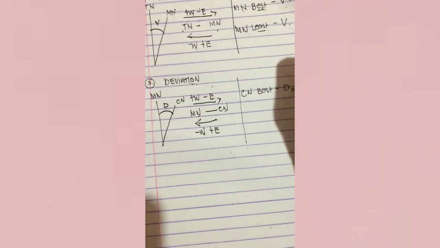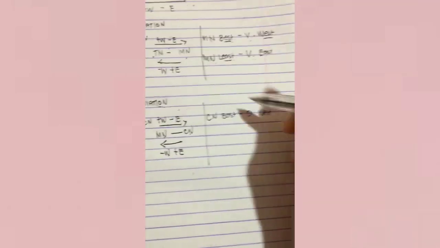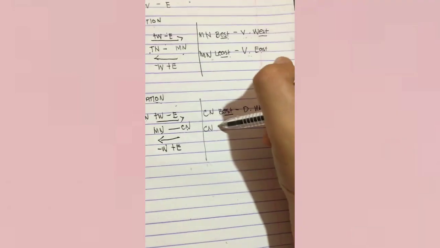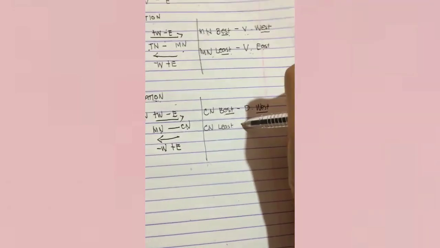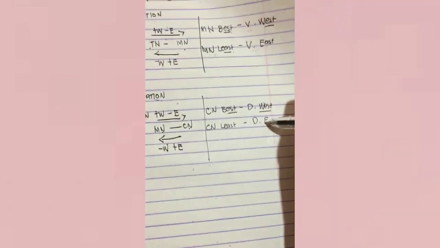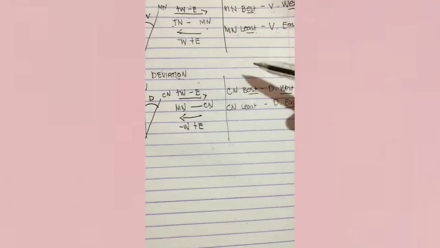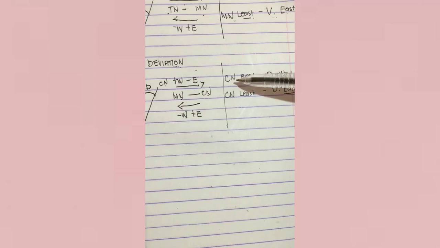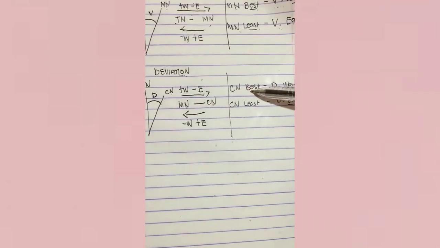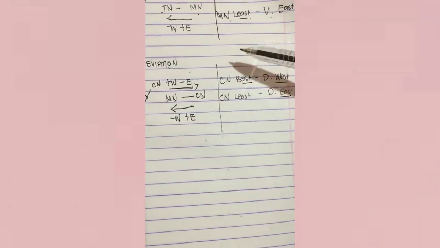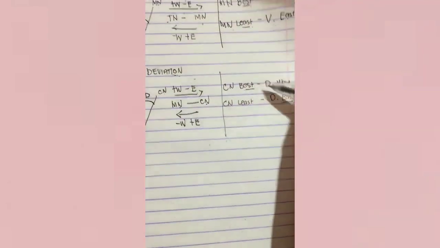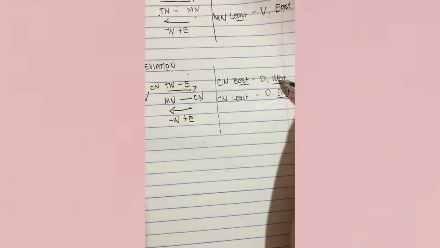Okay, so the second rule in calculating the deviation is, when compass north is best, our deviation is west. If our compass north is least, our deviation is east. Okay, which means if our compass north is best or has the greater value compared to magnetic north, our deviation is west.